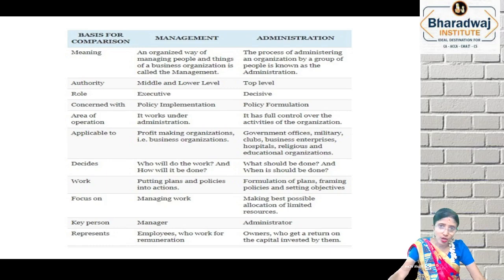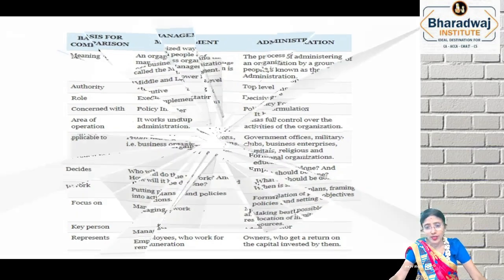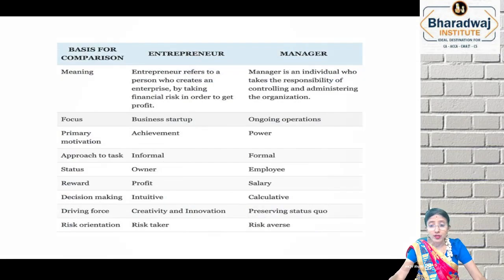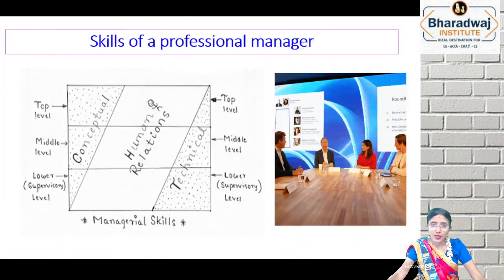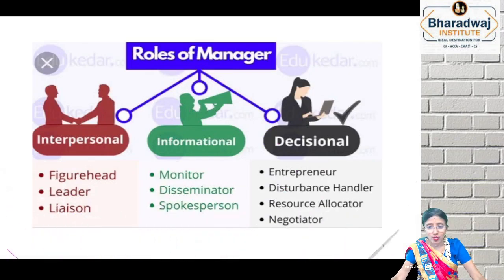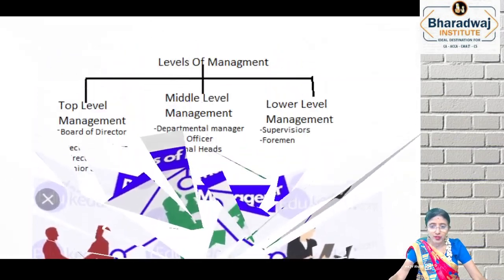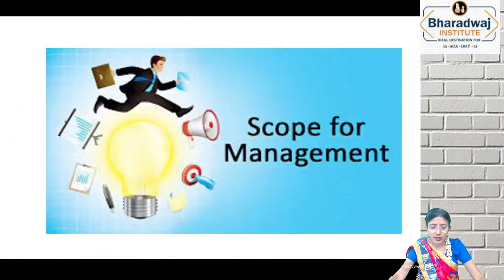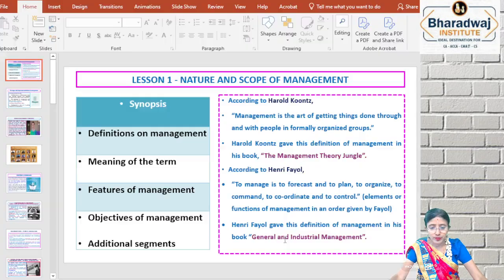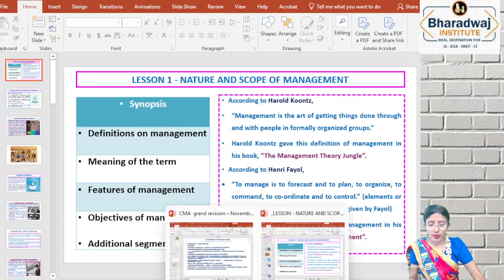Manager versus entrepreneurship. Okay, these are all important debates. Entrepreneur, intrapreneur. Skills of a professional manager. Role of a manager. Levels of management. Okay, and finally this book. Yes, so you would be following this for the examination.